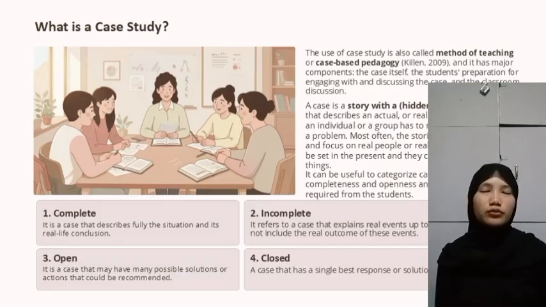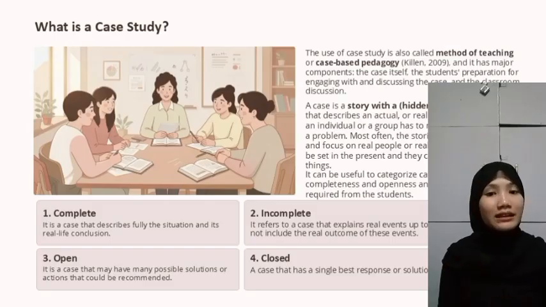Then the case study or case method can also be categorized into different kinds of cases in terms of completeness and openness. First is the complete case, which describes the situation itself and has a real-life conclusion, like a solution that already happened in reality.